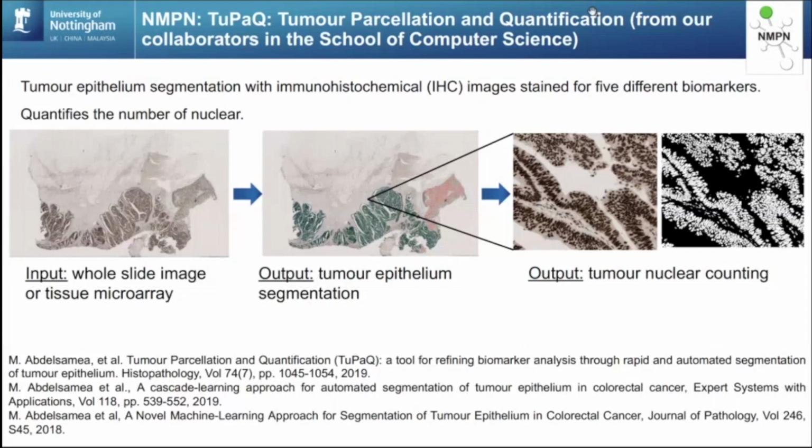So they do tumor epithelium segmentation with immunohistochemical images staining for different biomarkers. So they have another tool as well, for image classification. And this is the sort of analysis that can be done and the sort of tools that we can work into developing if you have image data as well. Next slide, please.